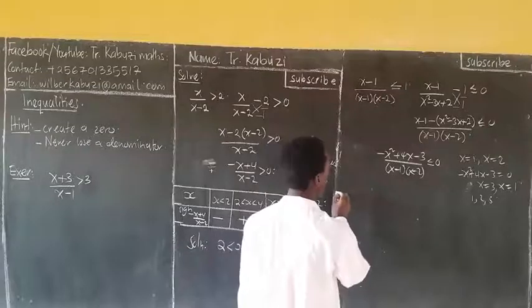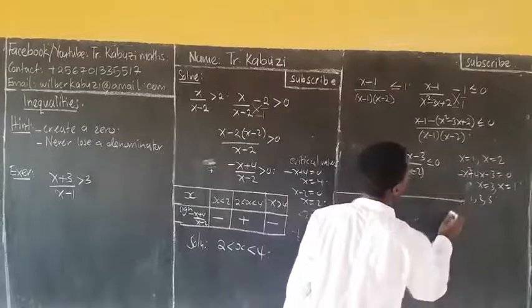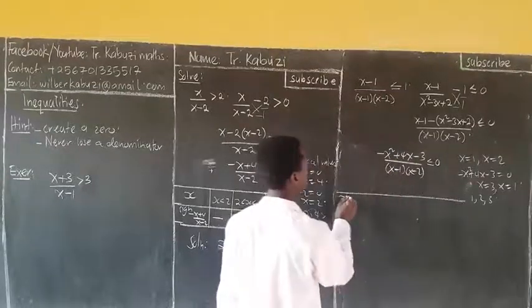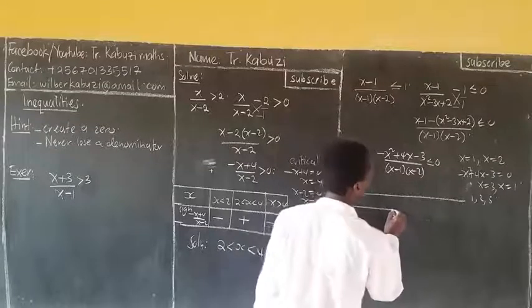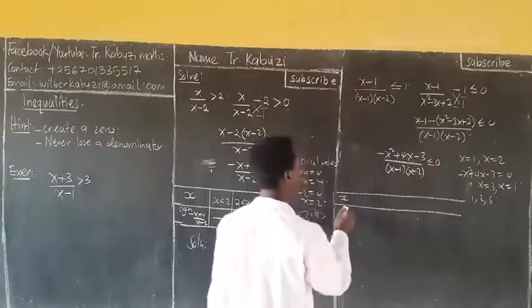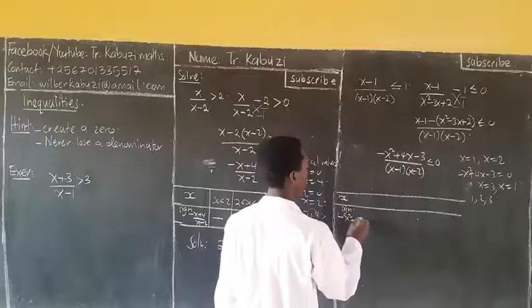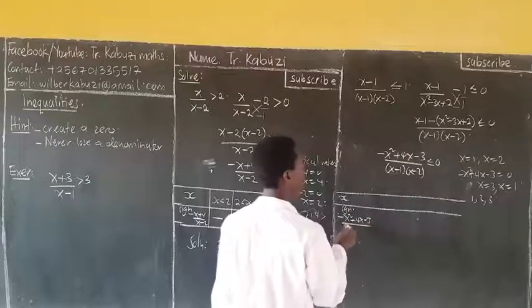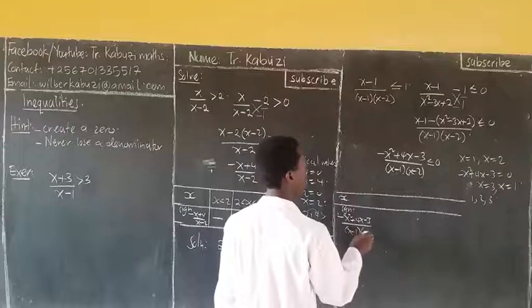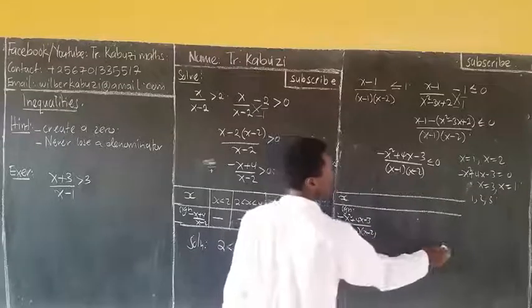Now I draw a table like this. So this is x. Then the sign of negative x squared over x minus 1, x minus 2.